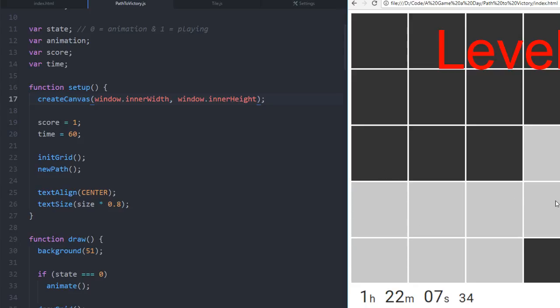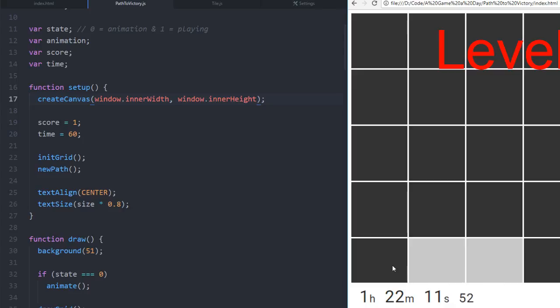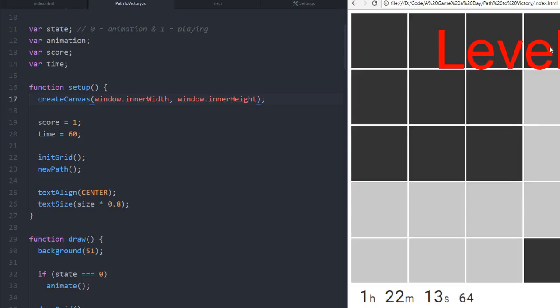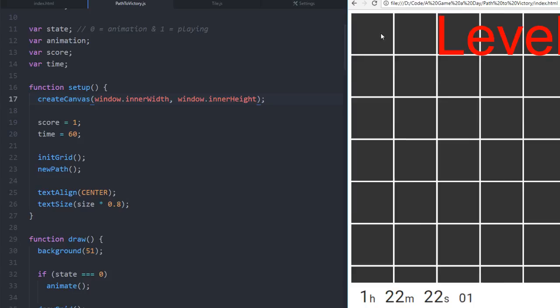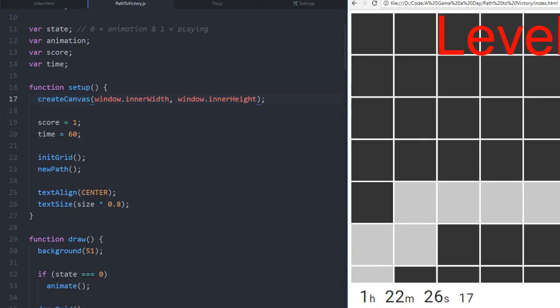That's odd. I don't know. All of this looks like pixel art to me. You guys can't see it at this point.